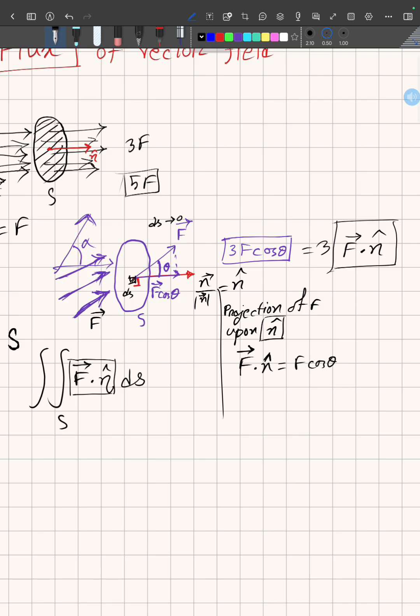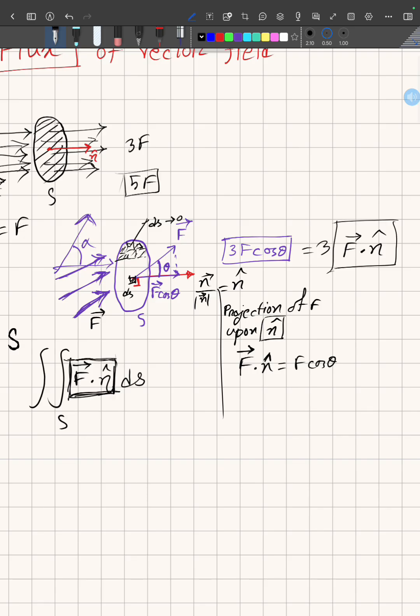At this ds portion, there's only one flux line going, so we are just taking that perpendicular projection of F by the F dot n. As this whole portion is only for a ds term, if you integrate this thing with respect to ds, we will get the whole flux over the surface. Do you understand now? Let's say all these are ds.